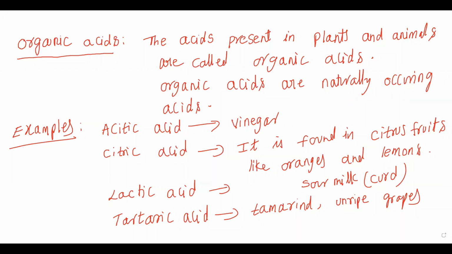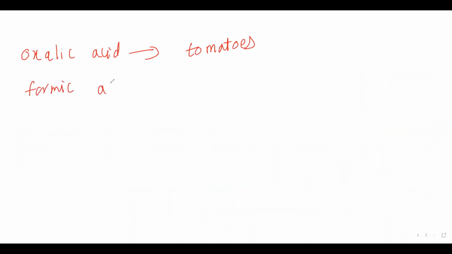Now the next organic acid is oxalic acid. Oxalic acid is present in tomatoes. Next acid is formic acid. Formic acid is also called methanoic acid.